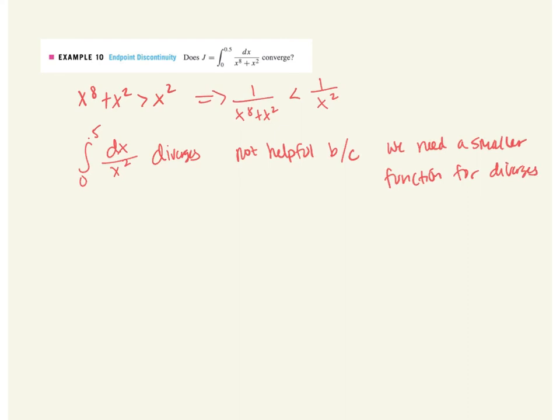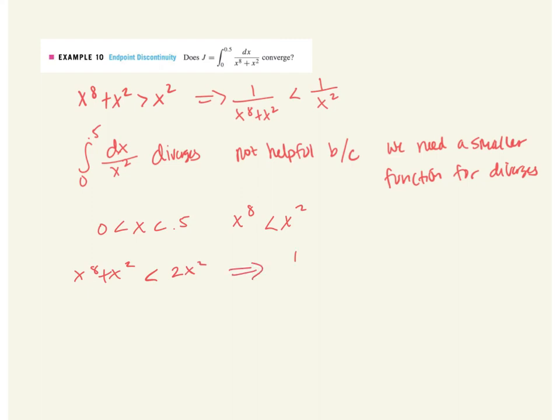So if we think more closely, we're looking between 0 and a half. So therefore, x to the 8th in that domain is less than x squared, right? x to the 1/4, for example, is going to be less than x squared, x to the 8th versus x squared. So then x to the 8th plus x squared would be less than 2x squared.